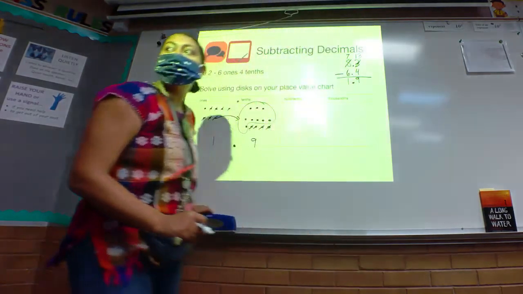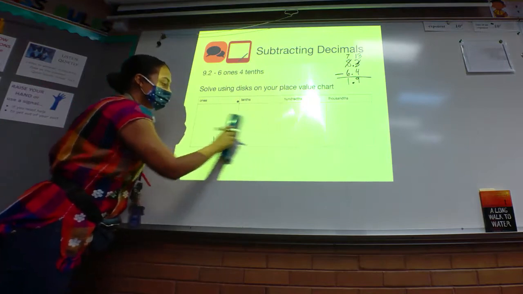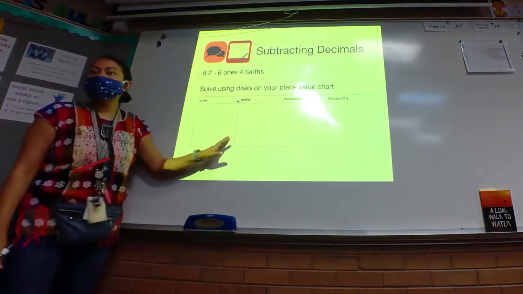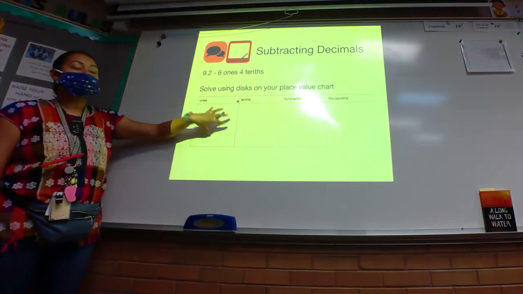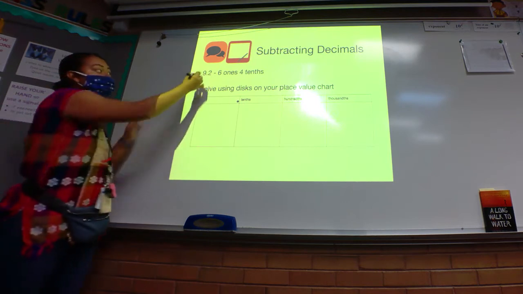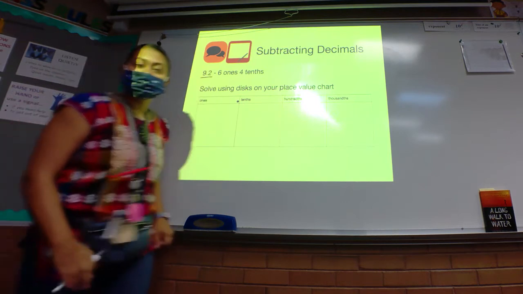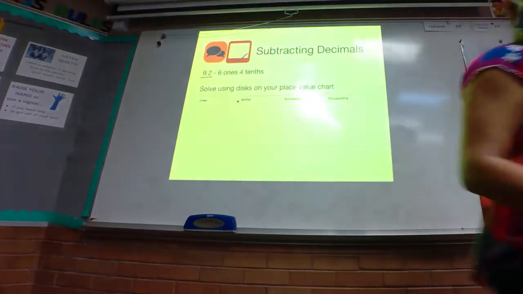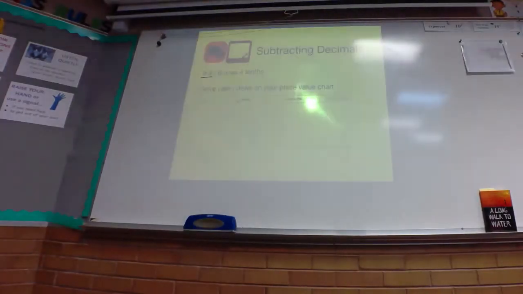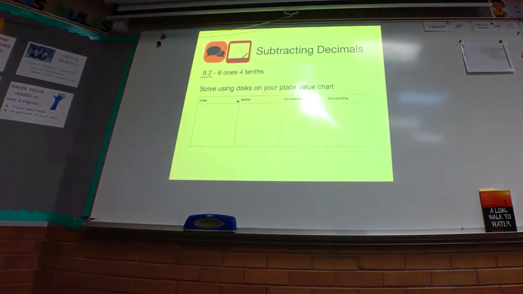Okay, ready? Next one. Okay, show on your place value chart. 9 and 2 tenths. Draw it out. 9 ones and 2 tenths. 9 and 2 tenths.